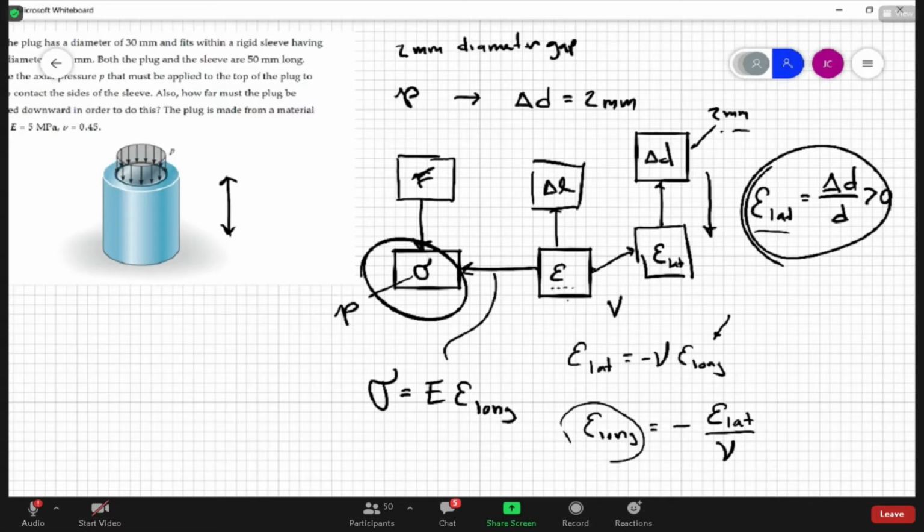This number is going to be less than 0, so the stress is going to be less than 0. It's a compressive stress. And as we talked about in class, that is equal to the pressure that's applied. If you don't see that, you can get the actual force by multiplying the stress by the area, but then to get the pressure, you take that force and divide it by the same area, so you get back to the stress, except there's a sign change because we use positive pressure as a compressive stress. Okay, does that work?